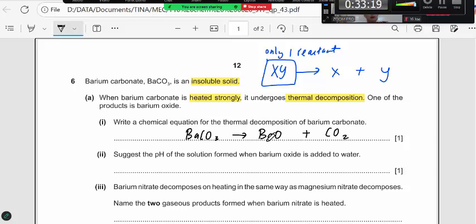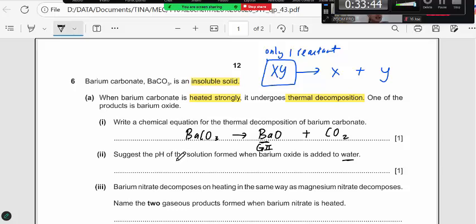Barium is in which group in the periodic table? Group 2. So it's a metal. When a metal oxide dissolves in water, what does it form, acid or alkali?